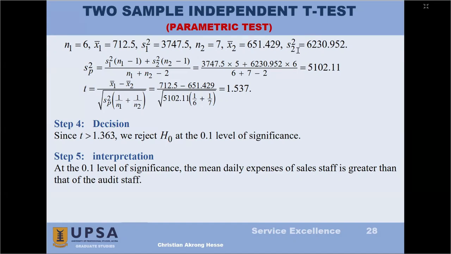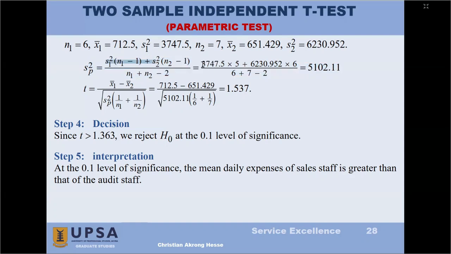If they are not given, then you have to compute it yourself. But when they are given, there's no need of computing it again for the sake of time in exams. So the variance for the audit staff is this. So we find the pooled variance. So what's the variance for the sales staff?